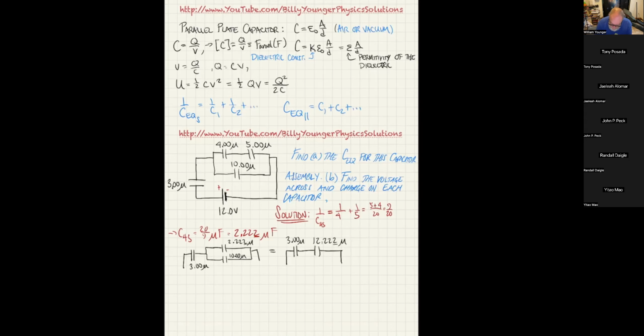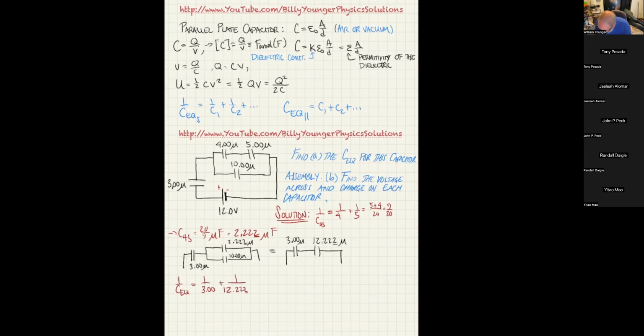So now I can do 1/3. Actually, let me rewrite that. I'm going to say this is the total C equivalent that we were looking for. So 1/C equivalent is equal to 1/3.00 plus 1/12.222. So I can just add these.